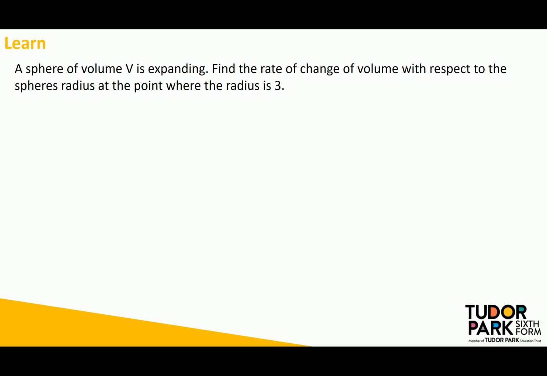So here I have a sphere of volume V expanding. I want to find the rate of change of volume with respect to radius, so that is dV by dr, at the point where the radius is 3. Now, since I know that the volume of a sphere is given as 4/3 pi r cubed, all I need to do is differentiate that with respect to r, which is going to give me 3 times 4/3 pi r squared.